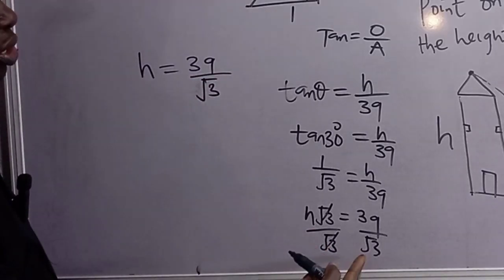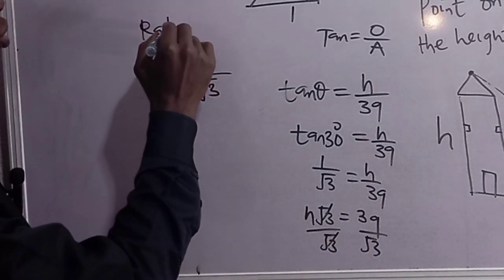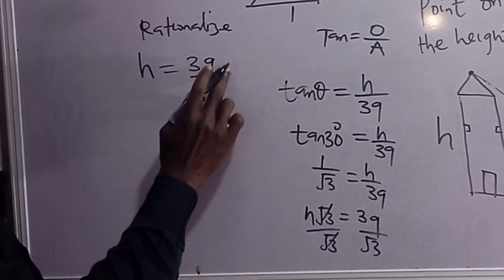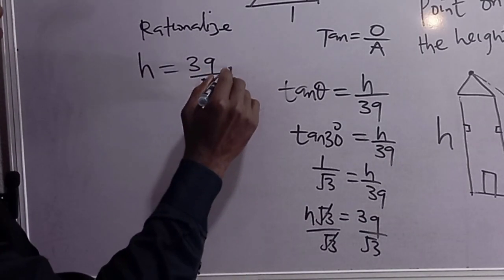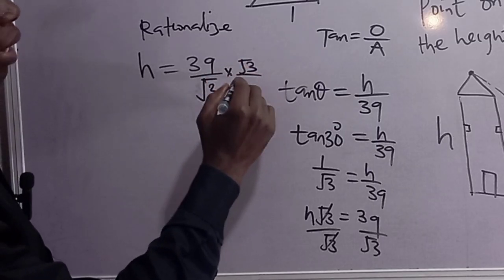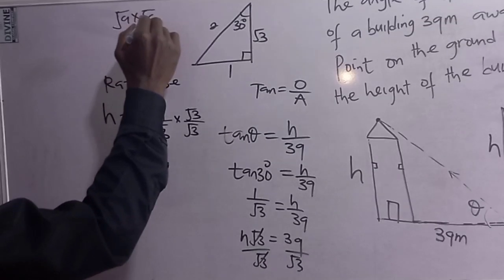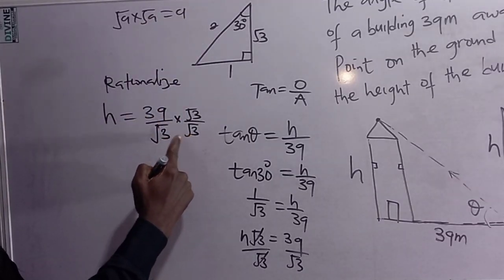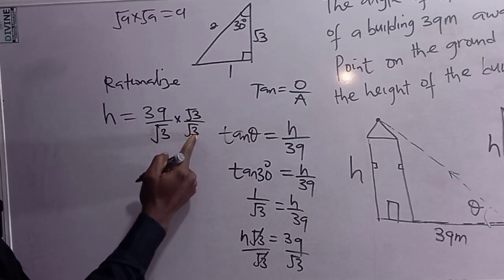But here we have a surd in the denominator, so we have to rationalize. We do that by multiplying both the numerator and the denominator by root 3. In mathematics, root a times root a is equal to a. So to remove the surd from the denominator, we have to multiply the denominator by root 3.